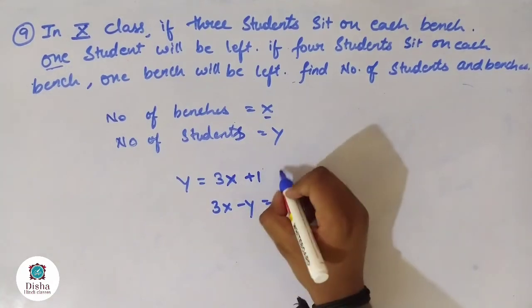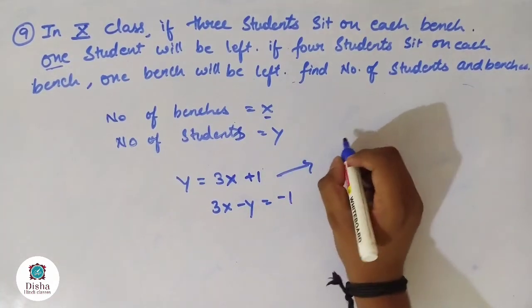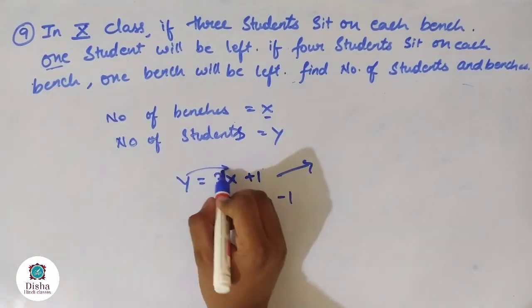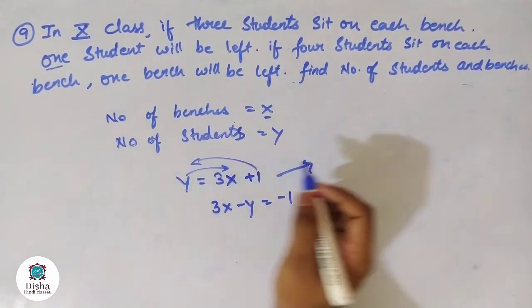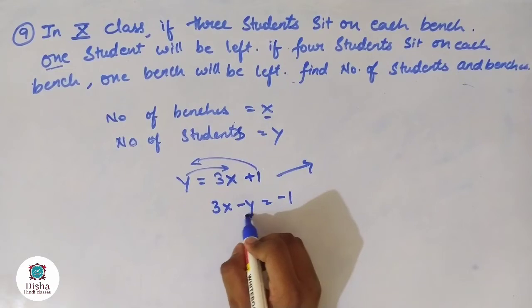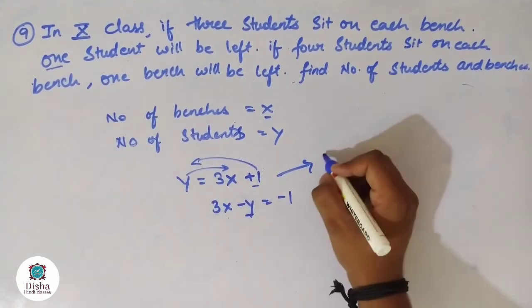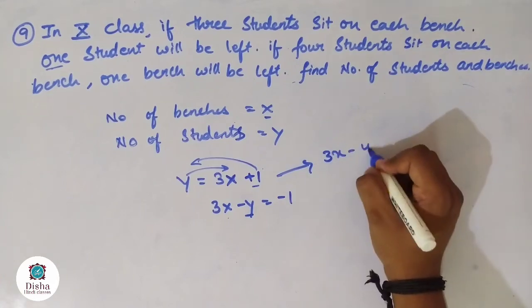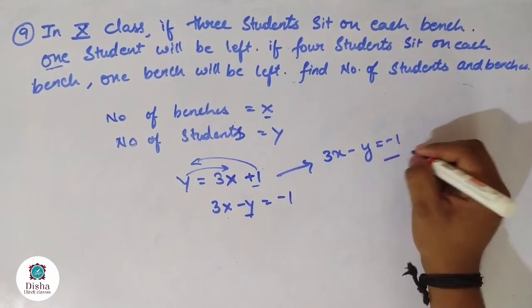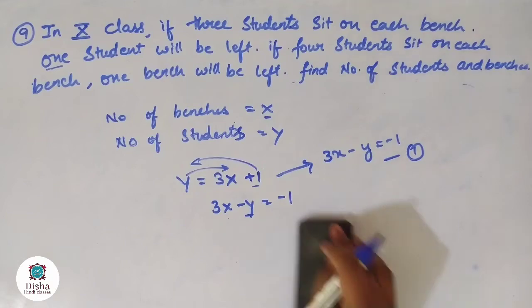Let us solve this briefly. If we send this y to the RHS and this 1 to the LHS, y will become minus y and plus 1 will become minus 1. Therefore 3x minus y equals minus 1 is the first equation.